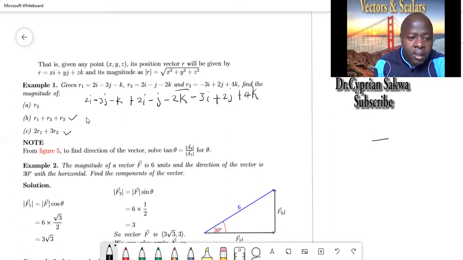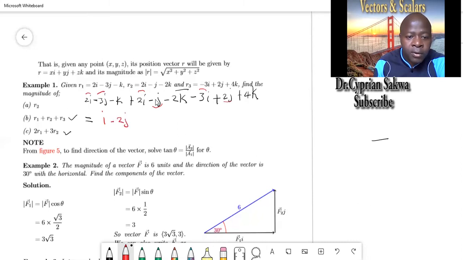So collecting like terms, we have 2i here, 2i, another 2i, that comes to 4i, then minus 3i, that gives us i. Now the j's: we have negative 3j, then negative j, that comes to negative 4j, then plus 2j, that comes to negative 2j.